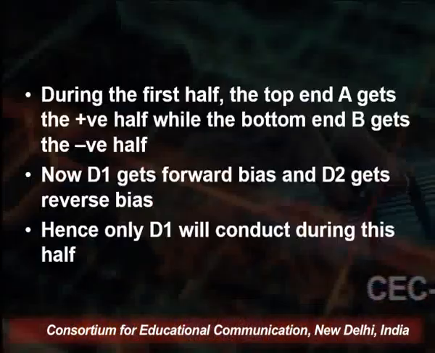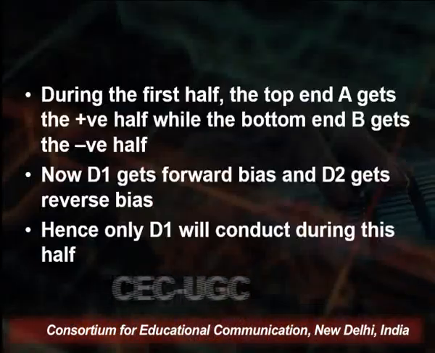Hence only D1 will conduct during this half, because we are taking the upper part, the positive cycle, and it is in forward bias, so the output will be from the D1 part. D1 will be conducting.